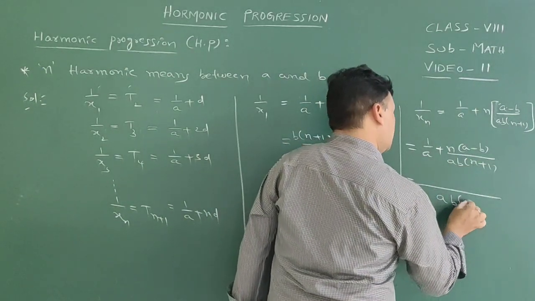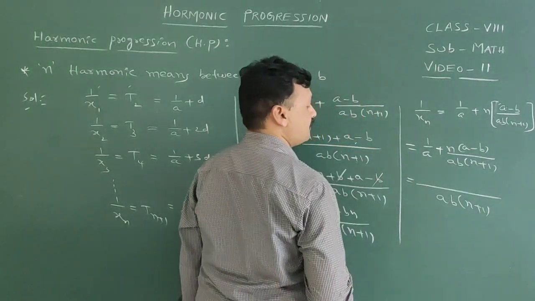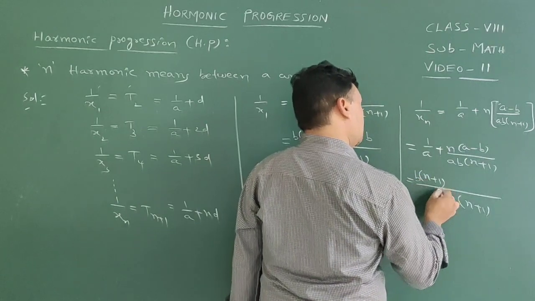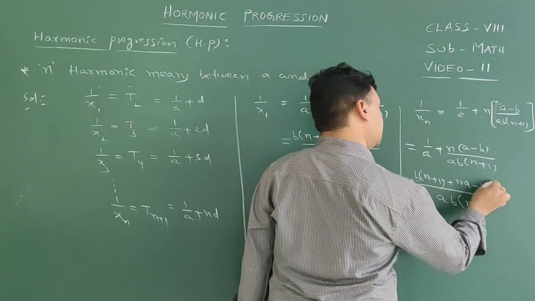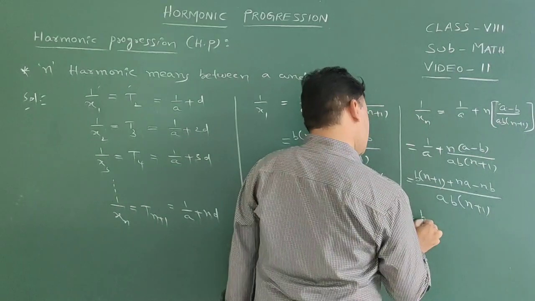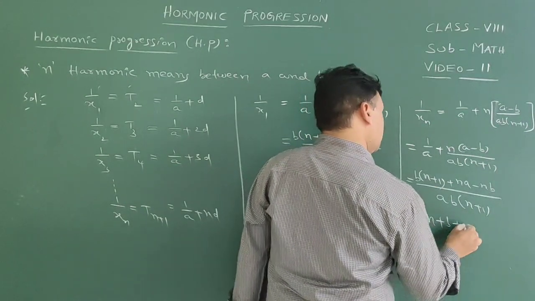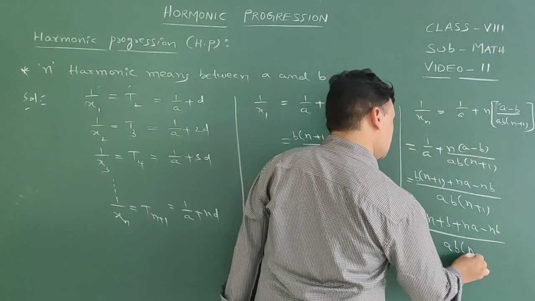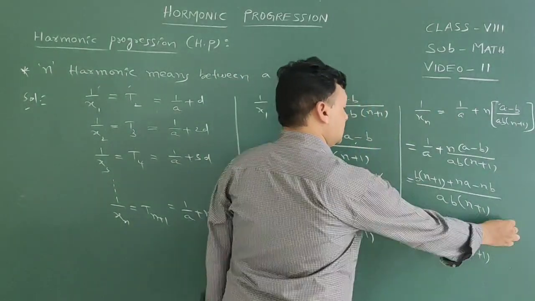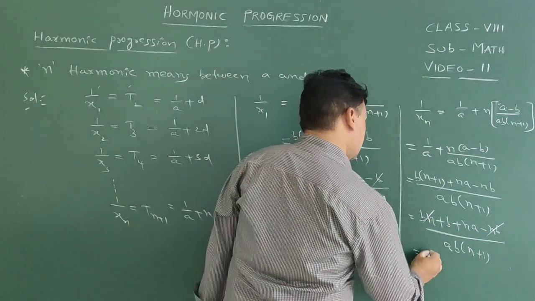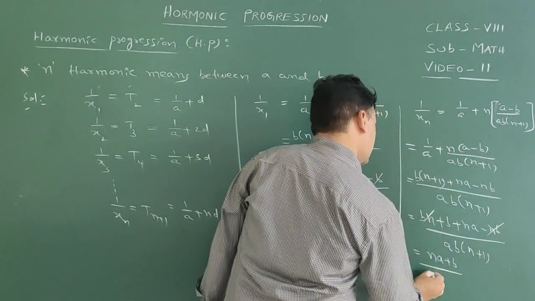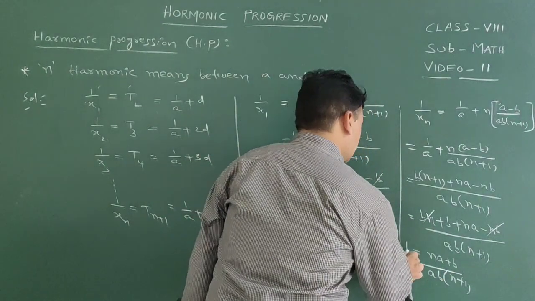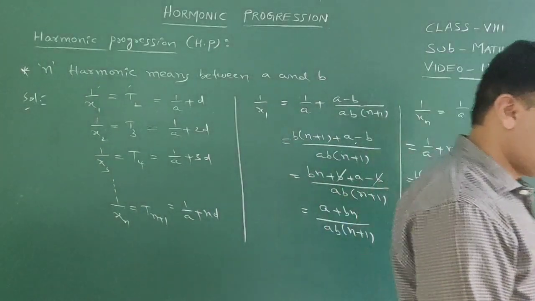Now LCM ab into n plus 1. Here a gets cancelled. b into n plus 1 plus na minus nb. Now bn plus b plus na minus nb by ab into n plus 1. Here nb and bn cancelled. na plus b by ab into n plus 1. This is 1 by xn.